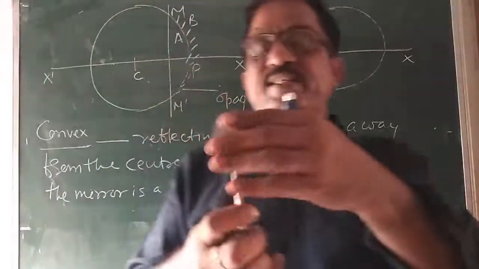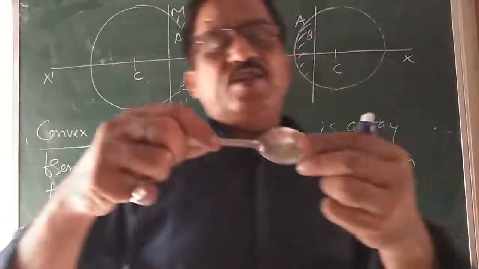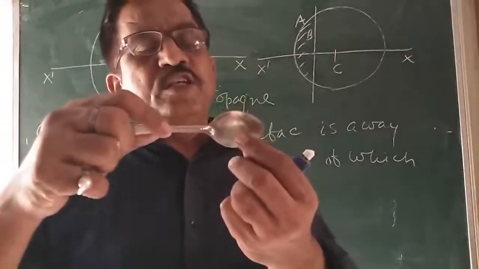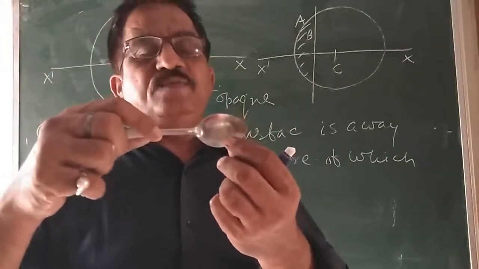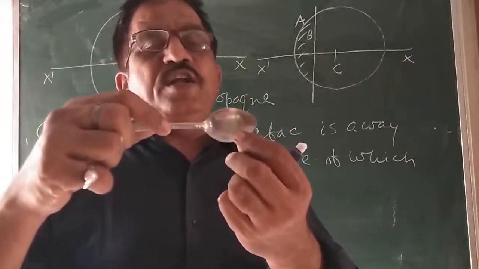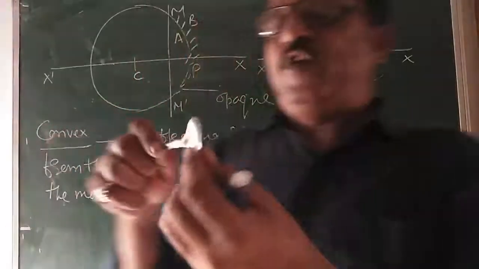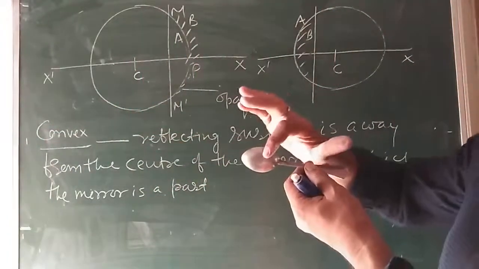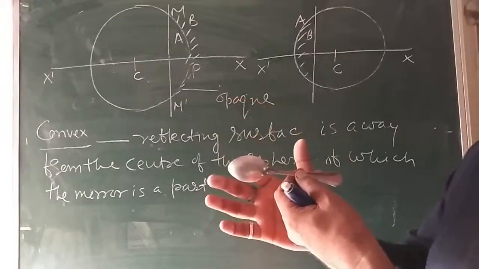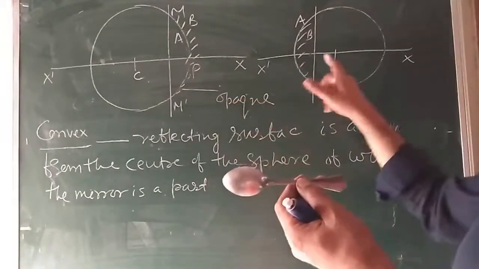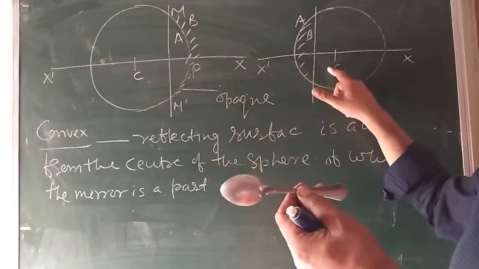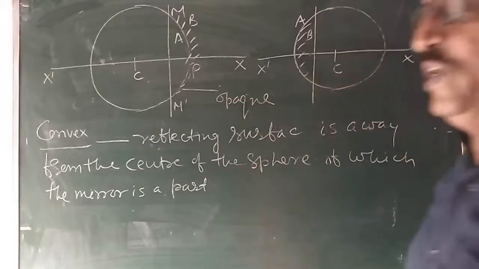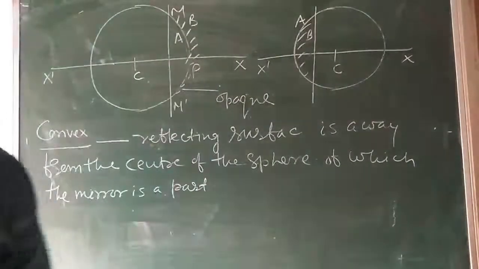The other surface is polished. When this shape is there, then we can say it is a concave mirror. When we look from this side, which is outward, it is the reflecting surface and the inner surface is opaque. This is called a convex mirror.